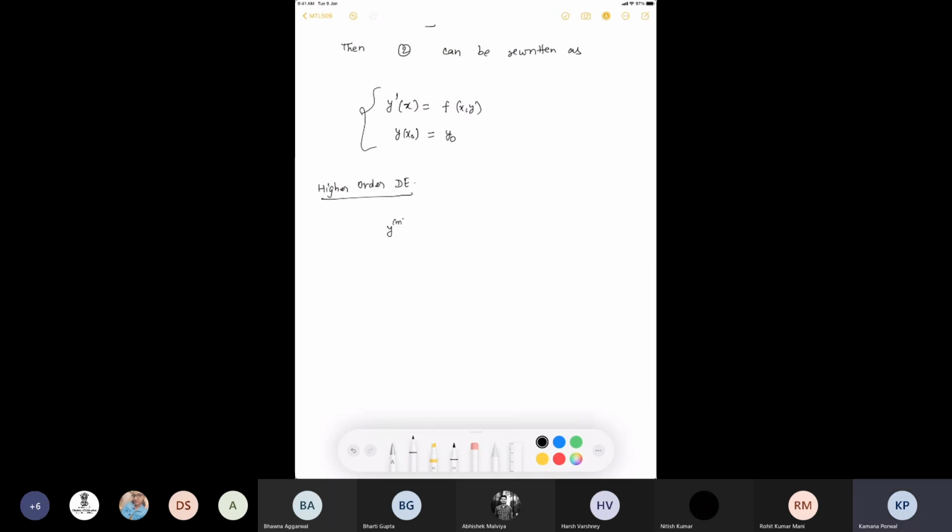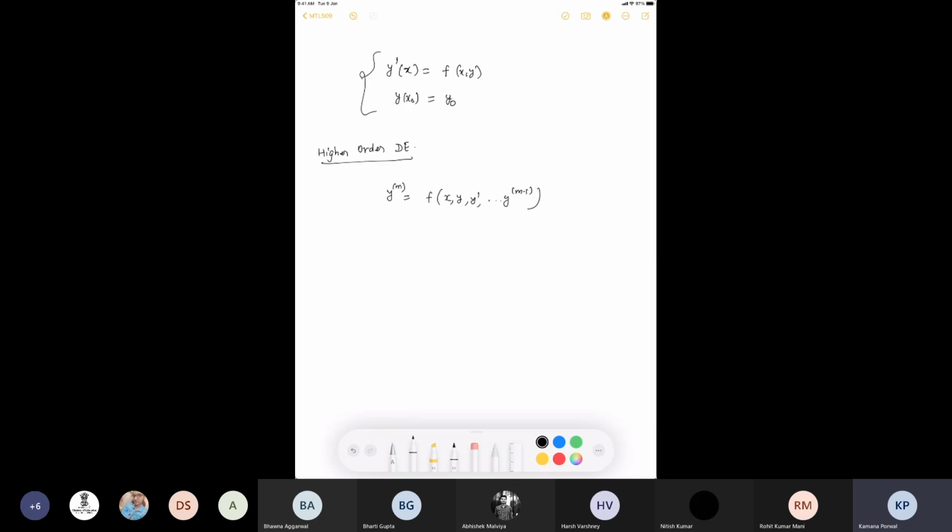So I'm considering the mth derivative of y, this equals a function which is going to depend on x, y, y prime, up to the (m minus 1)th derivative of y.